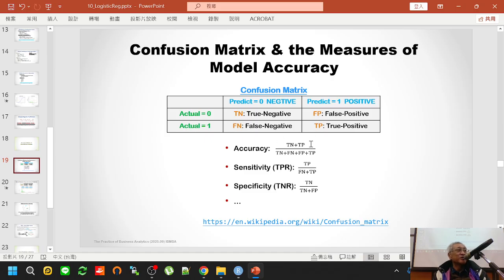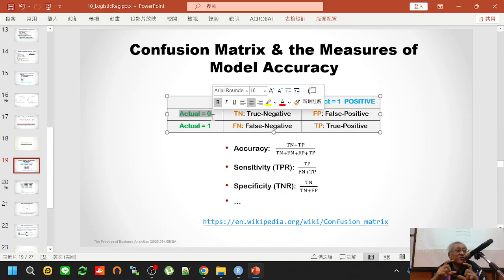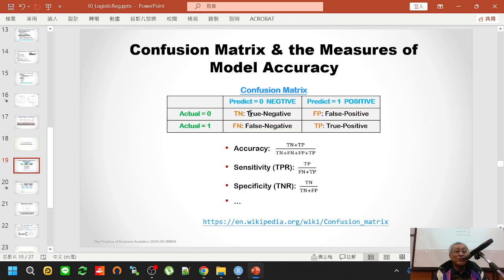Every data point in our data set will fall into one of these four conditions. Condition number one we call true negative: its actual value is 0, and we predict negative. Because we predict negative and it is actually negative, we call it true negative.